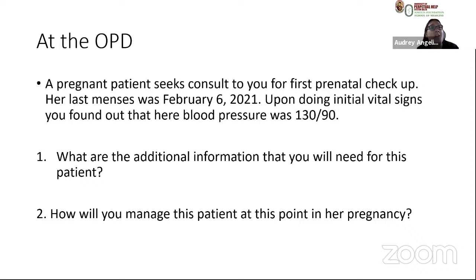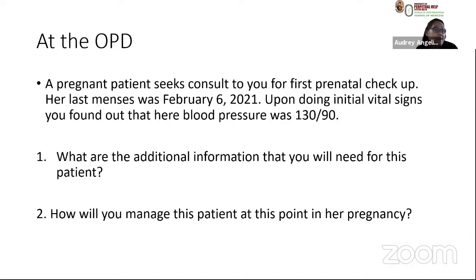For example, her last menses was January 6, 2021. What would your working impression be then? You're just changing the age of gestation. Ma'am, then it would be pregnancy-induced hypertension.